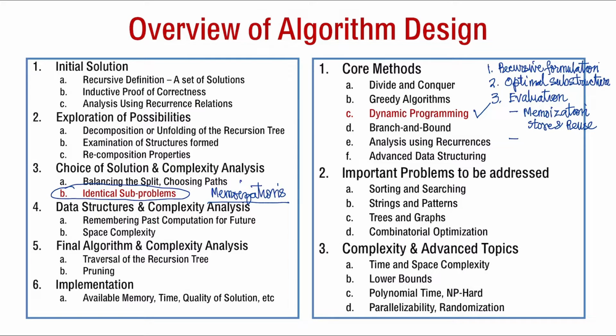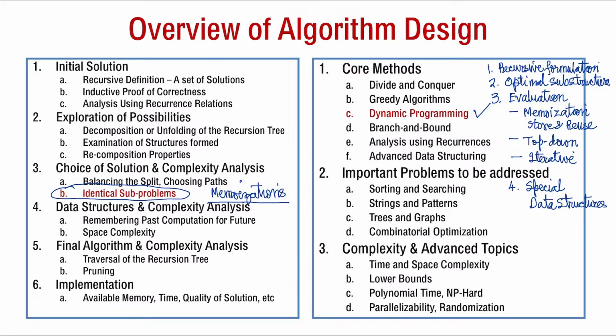And then we have a top-down evaluation, which we have discussed, and in many cases we can have an iterative evaluation, which we can also see. Finally, we may require special data structures in addition to the memoized data structures.